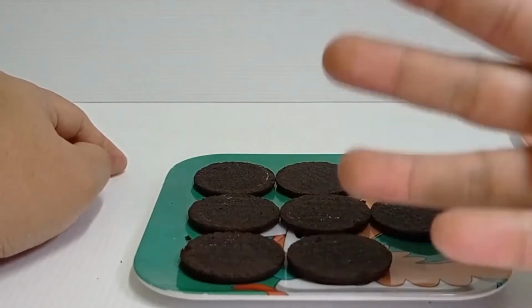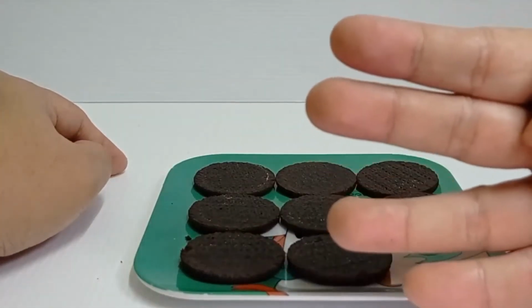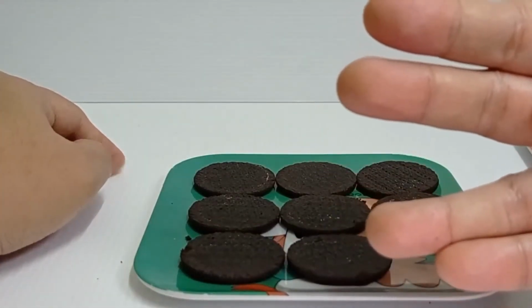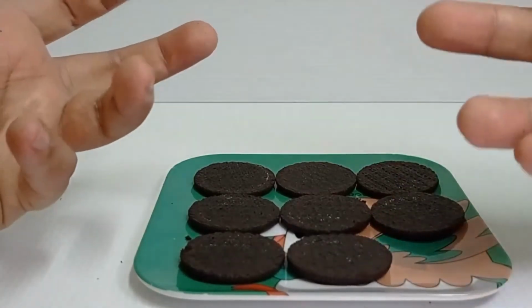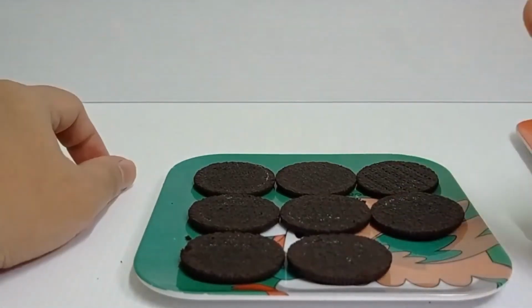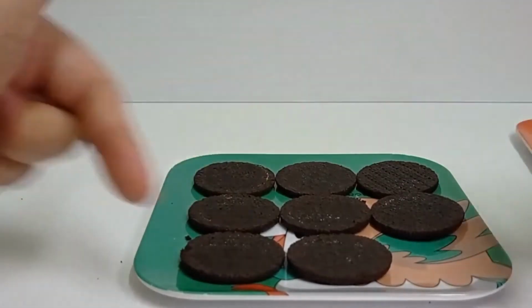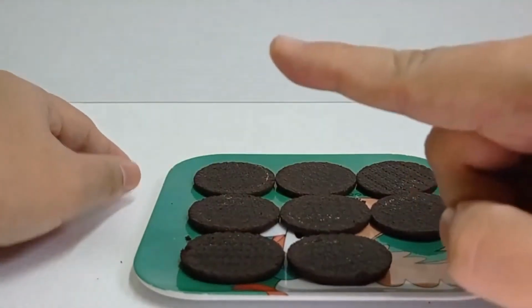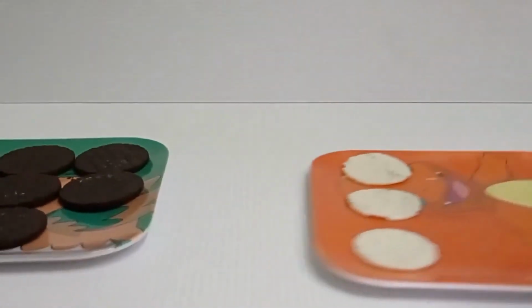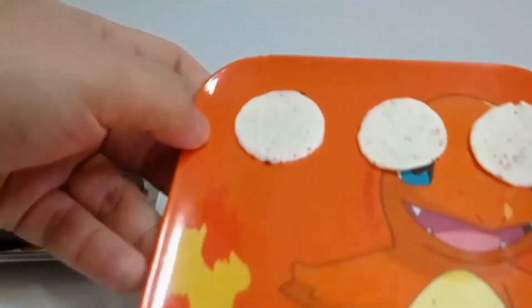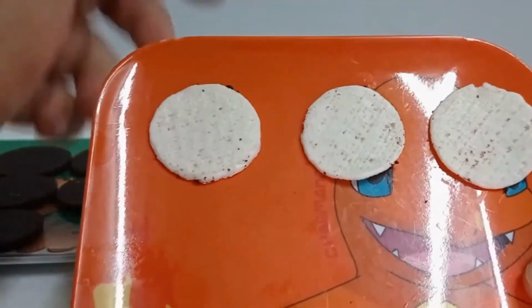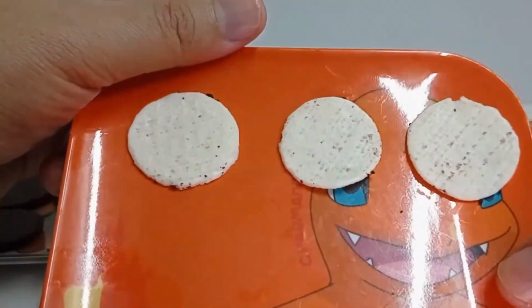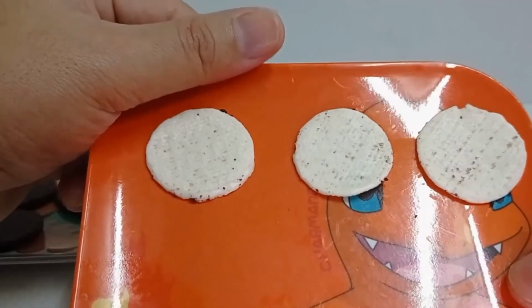That is the quantity we should make if we have 8 pieces. While if we have just 3 pieces of this vanilla flavored cream, we can only make how many Oreo sandwich cookies?